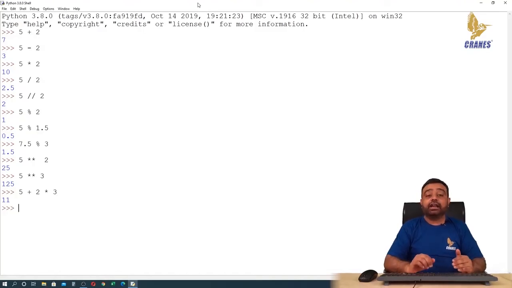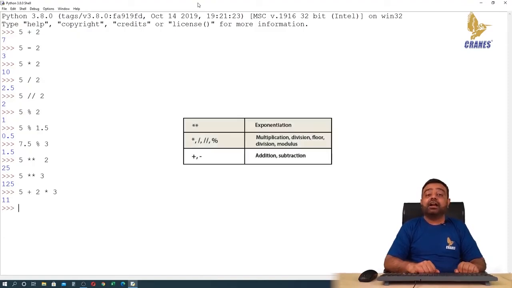Now let us study a little about the precedence of various arithmetic operators. Among the arithmetic operators provided by Python, the exponential operator has the highest precedence. Then come multiplication, division, and modulus, which have the same precedence. At the lowest precedence, we have addition and subtraction.